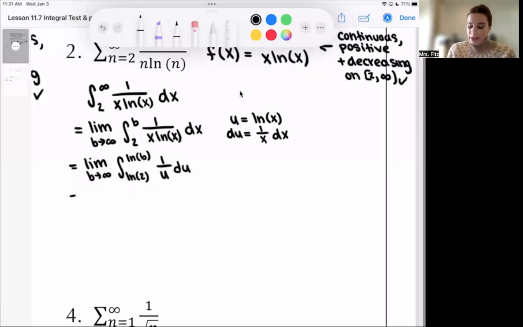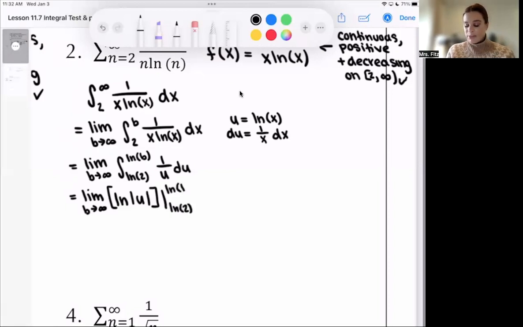You can think of this as u to the negative first power, but actually no, we don't want to do that because this is a much easier integral than we need. So we have the limit as b approaches infinity of the integral of 1 over u, which is the natural log of the absolute value of u.